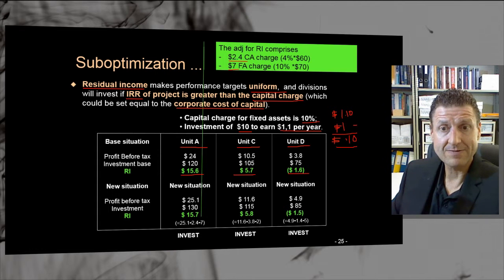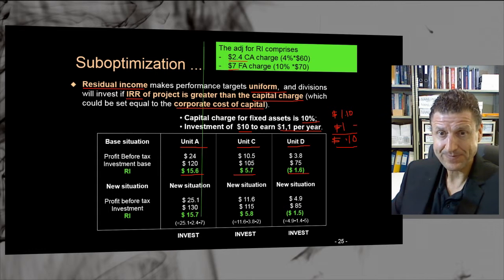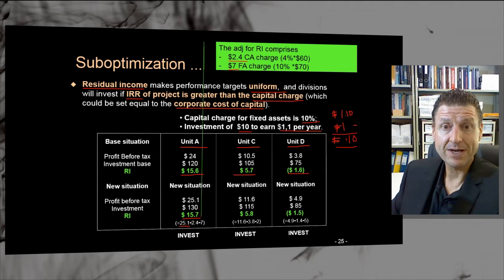Okay, 4% of 60, 10% of 70. Remember, we went through that earlier. Okay, so it's $9.4, and that's taken off $25.01 here, minus 9.4. Then we're left with a residual income of $15.7.